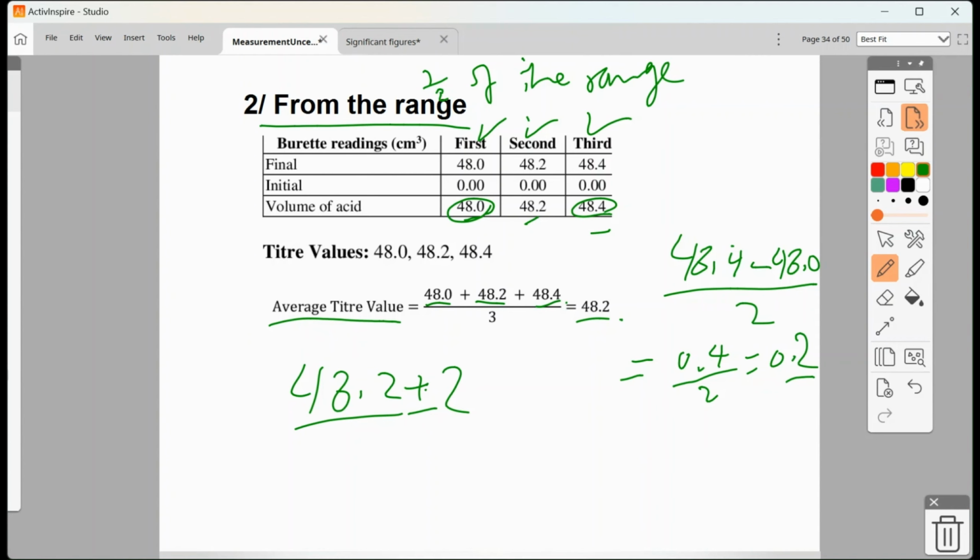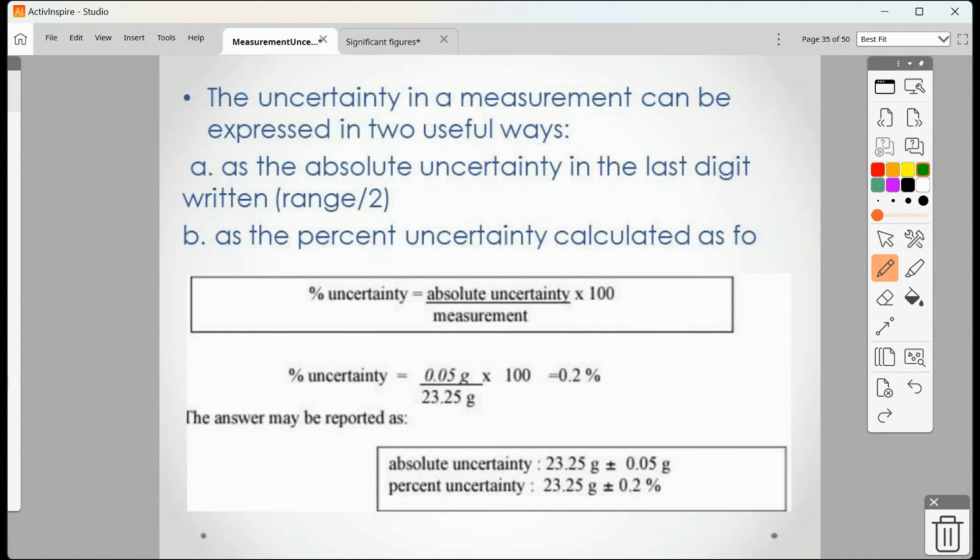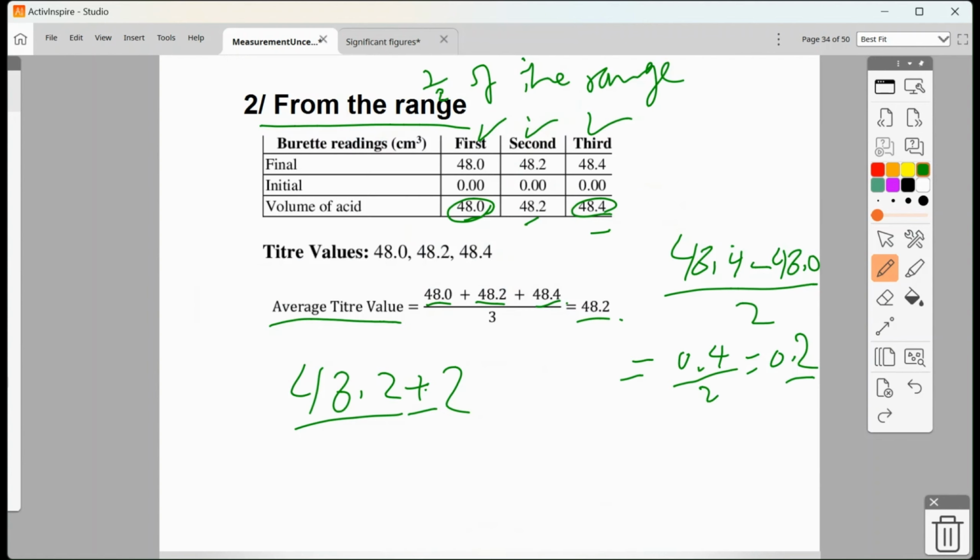Okay, let's see how we can express the uncertainty. Uncertainty can be expressed in two useful ways. The first one is absolute uncertainty, just like in the previous example. Because the volume is in centimeter cube, this is also centimeter cube.